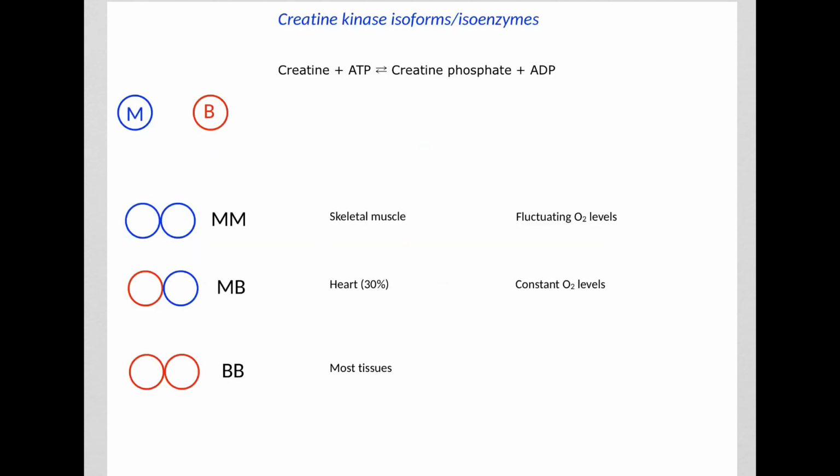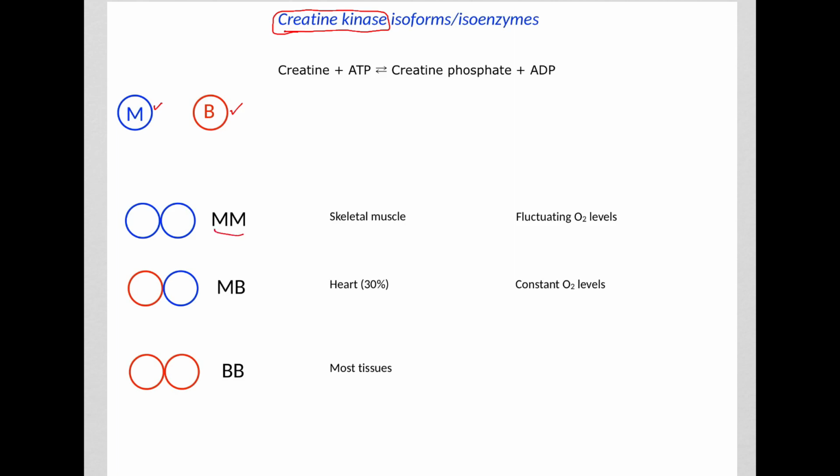The first example is the isoenzymes of the enzyme creatine kinase. This enzyme is made up of two types of subunits, M and B, and by various combinations of M and B, we can get three isoenzymes of creatine kinase.